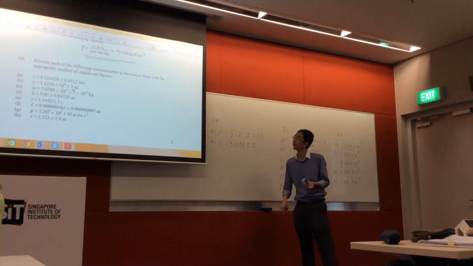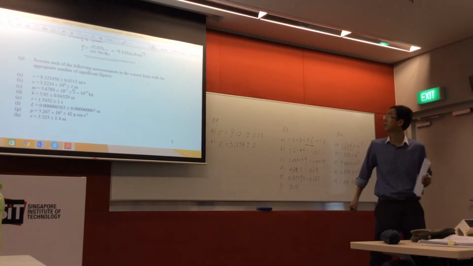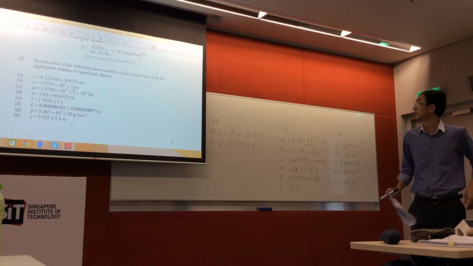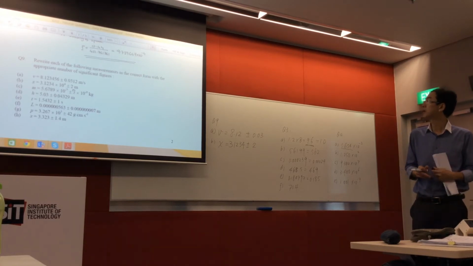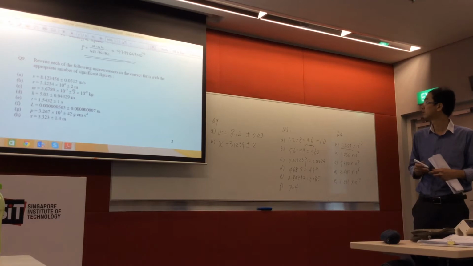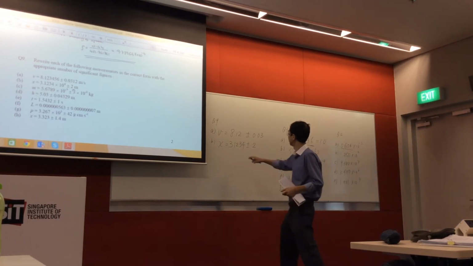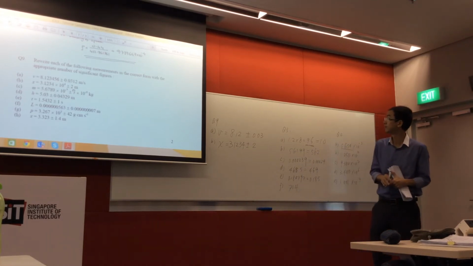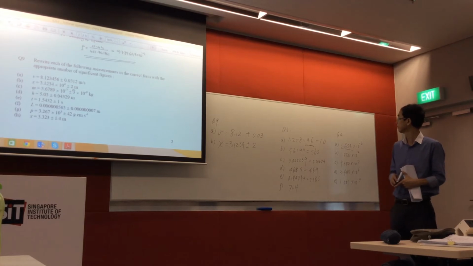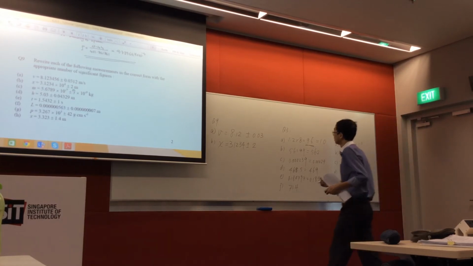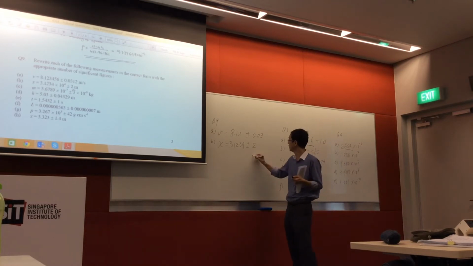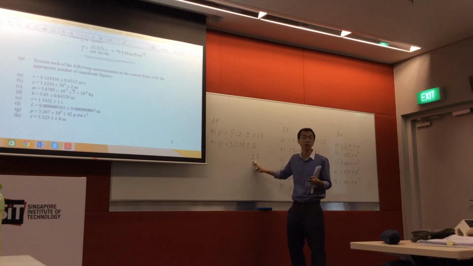Do you agree? So part B, this number is already correct. If you want to write it in scientific notation, you also can. So what does it mean? It's an order of magnitude. If it's 20, what is the order of magnitude?